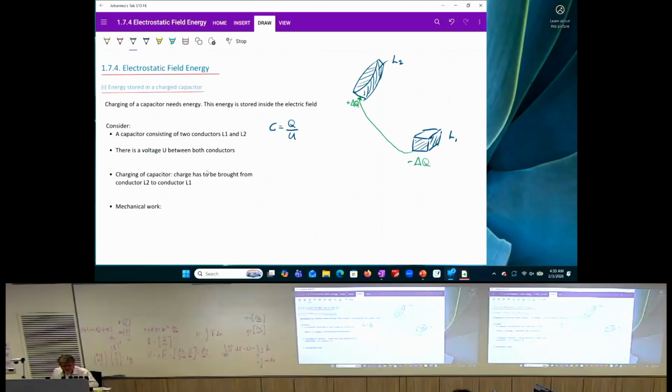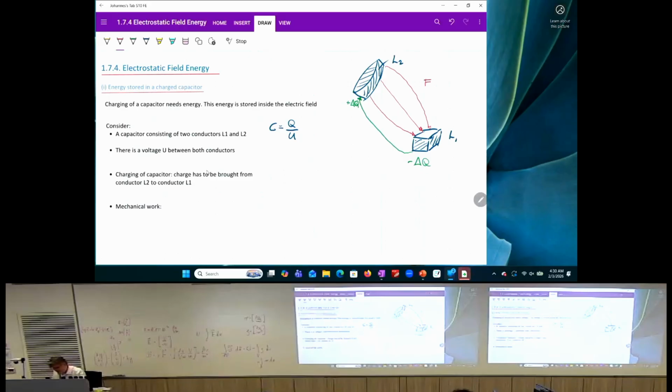So it's very easy to take a charge and move it over, because you don't move it through an electric field.